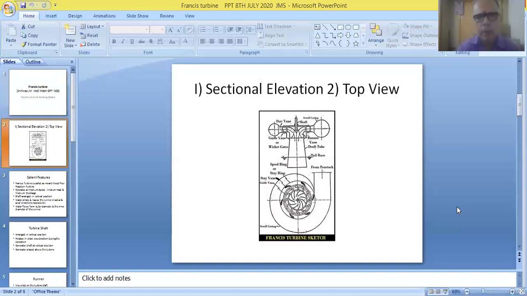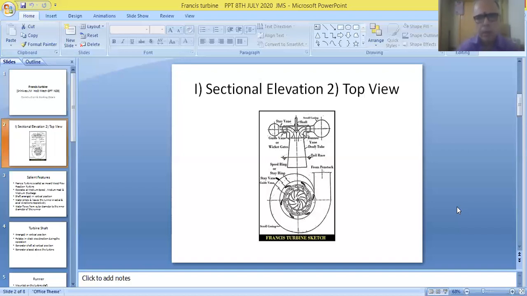Therefore, it is also called a reaction turbine. So all these factors put together, the Francis turbine is referred to as an inward mixed flow reaction turbine.